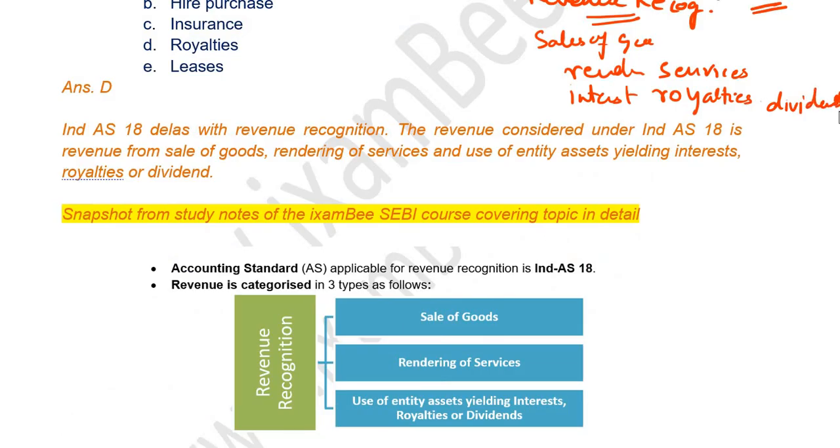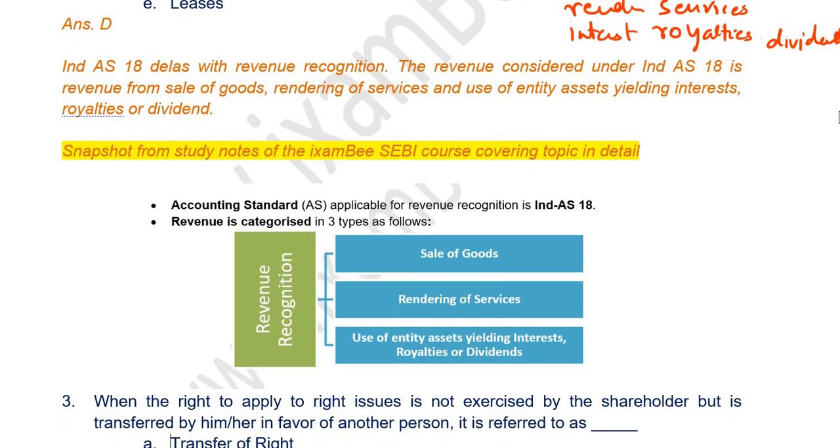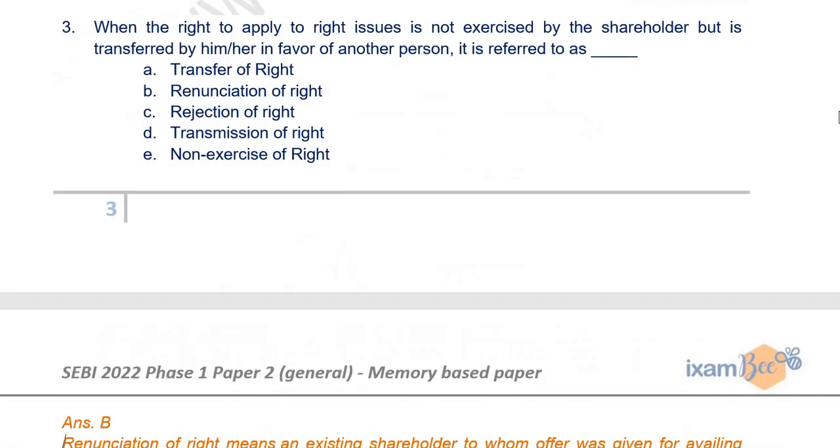So hire purchase, insurance, leases, all these are covered under separate accounting standards. So royalties was the correct answer here. Again, a snapshot from the study notes. Very easily it has been written what Ind AS covers: sale of goods, rendering of services, and royalties, dividends, and interests.